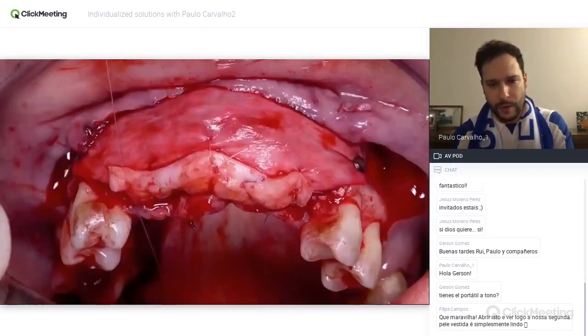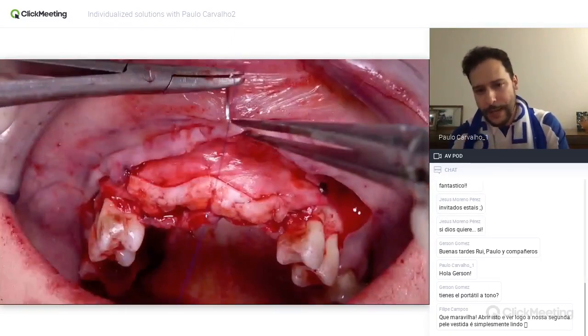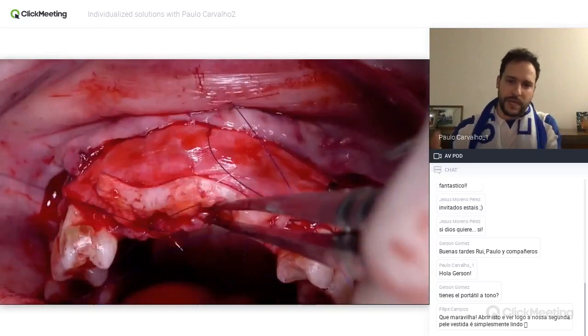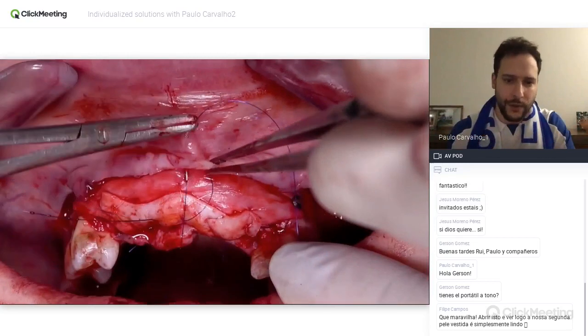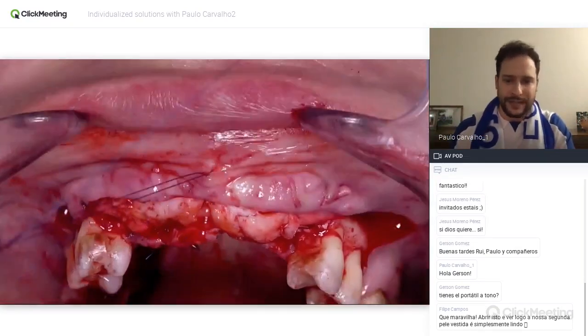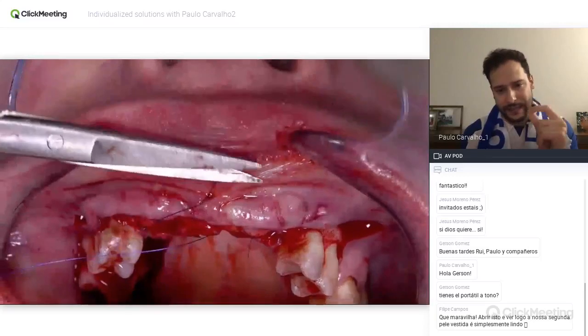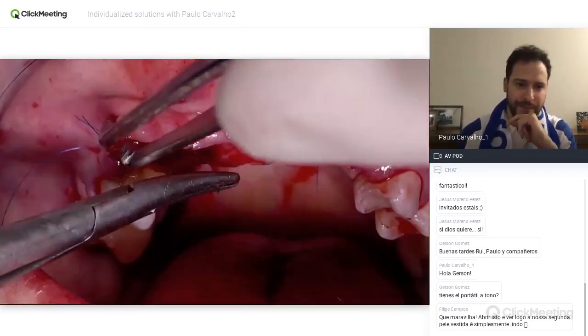So I'm using a collagen membrane, but very quickly the collagen membrane is going to be resorbed and my periosteum is going to be in contact with a large extent of the graft and revascularize it. That's a very important thing in these titanium meshes and this design, which allow me something that PTFE membranes are not allowing me.